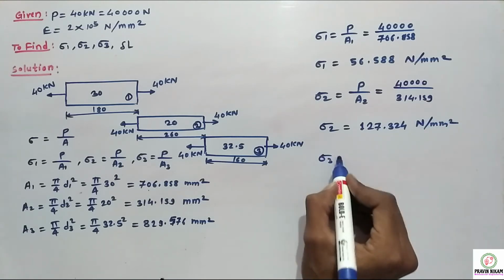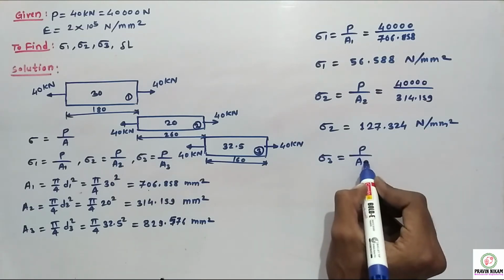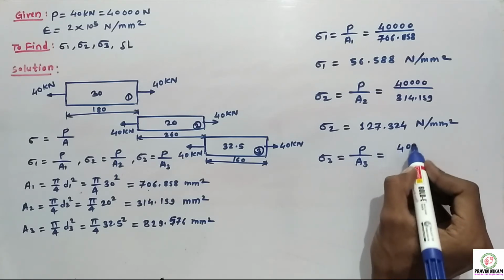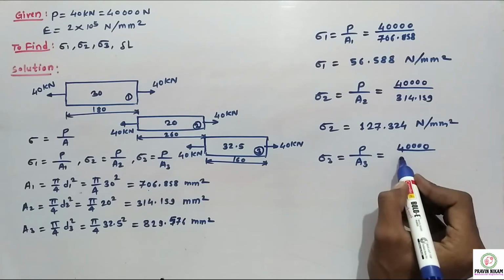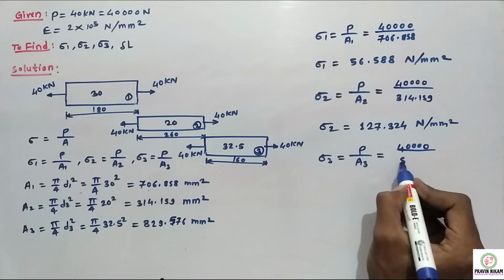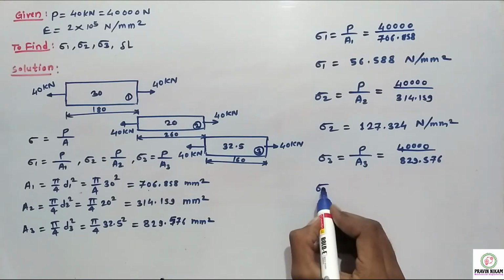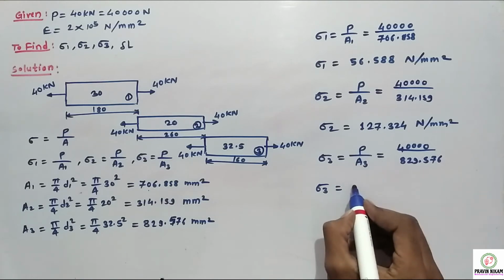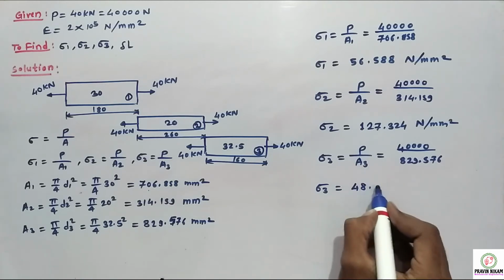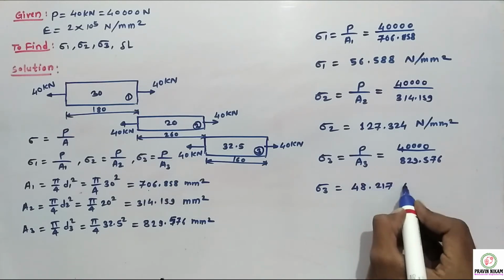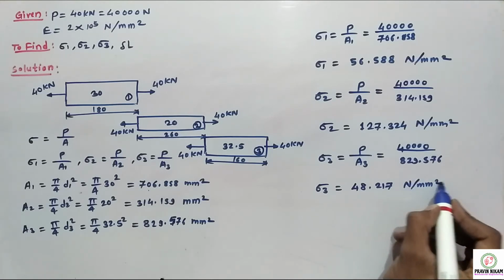And what is sigma 3? Sigma 3 is P by A3. So 40,000 divided by 829.576. So sigma 3 is equal to 48.217 Newton per mm square.